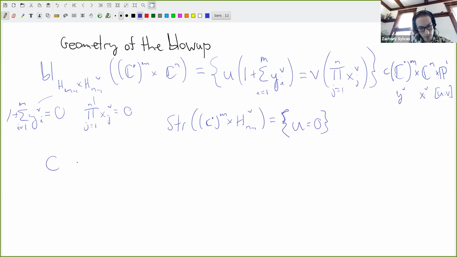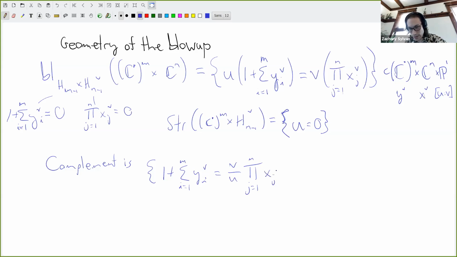And so the complement of this is where U is not 0, so I can divide by U. So this is 1 plus the sum from I equals 1 to M, yi check equals V over U times the product of the xj checks, J equals 1 to N. And so this is C star to the M cross Cn plus 1.